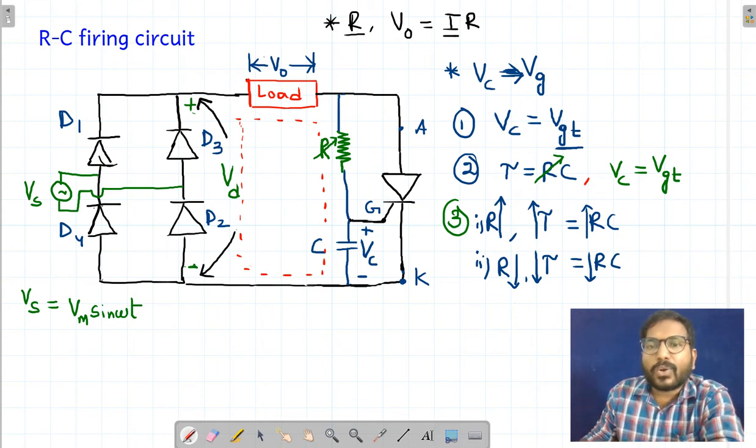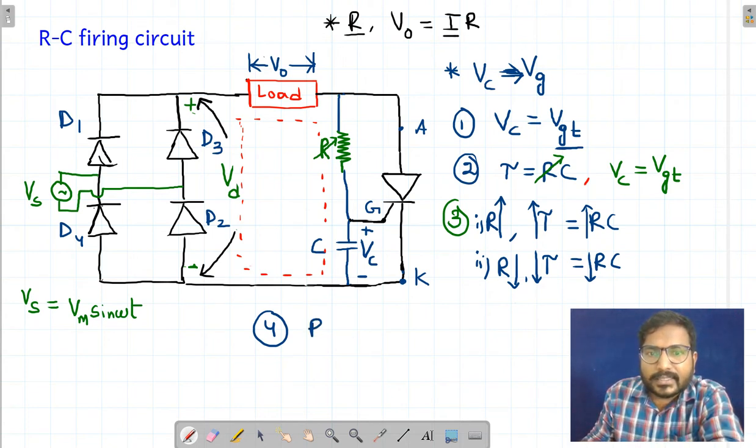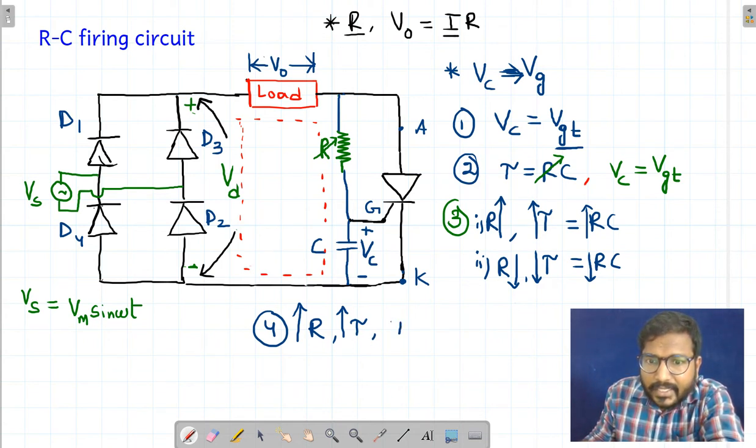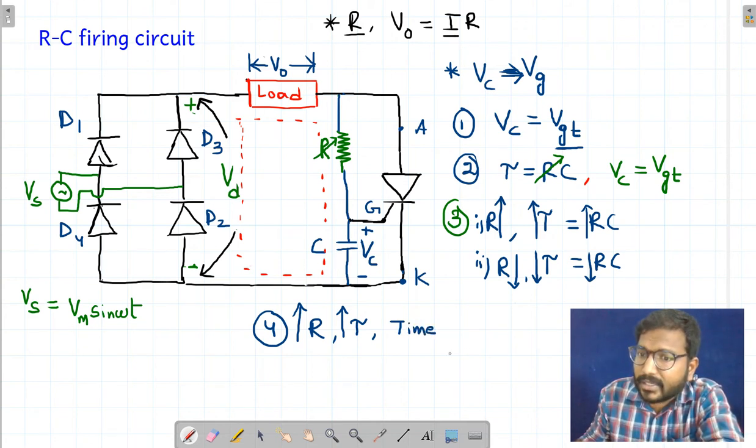Okay. And the last point from this discussion: if R is more, the charging time is more. What is the use of knowing this? It gives the knowledge of the time taken by the capacitor to reach Vc equal to Vgt.